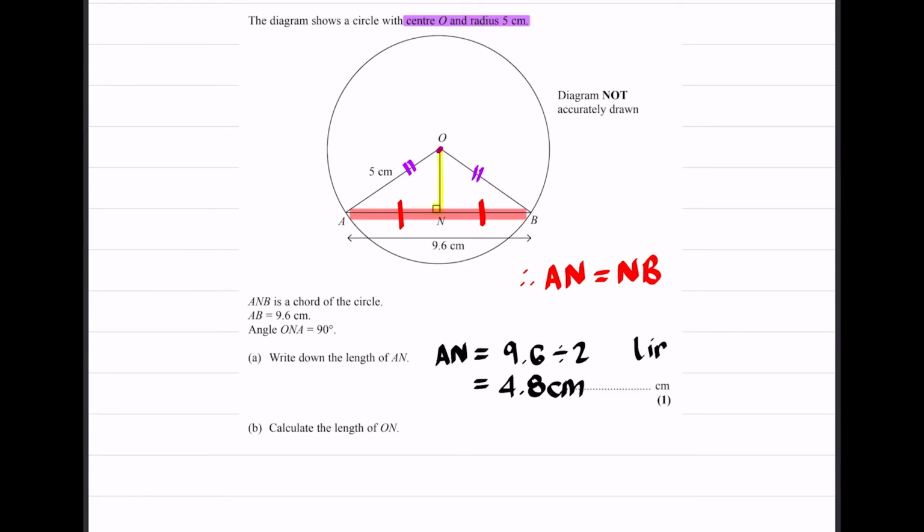Because it's a line from the center perpendicular to the chord, which is another one of our circle theorems. So we have 4.8 centimeters. Now it says calculate the length of ON. So I have this being 4.8 centimeters, and this part also being 4.8 centimeters.